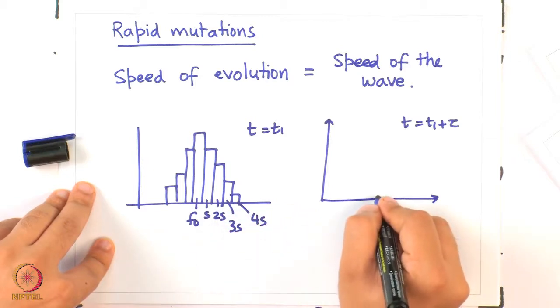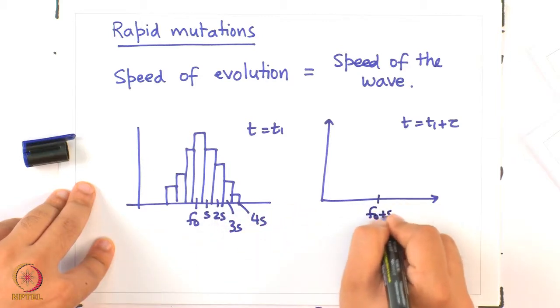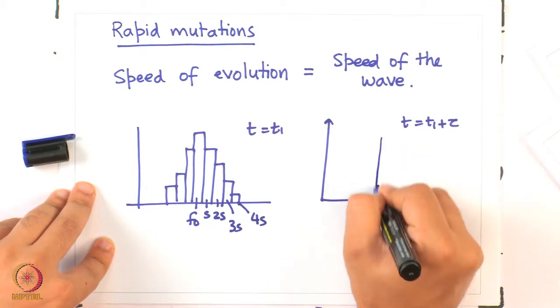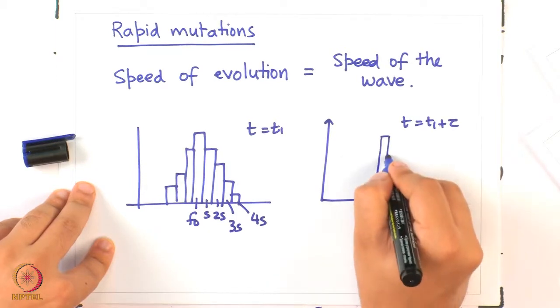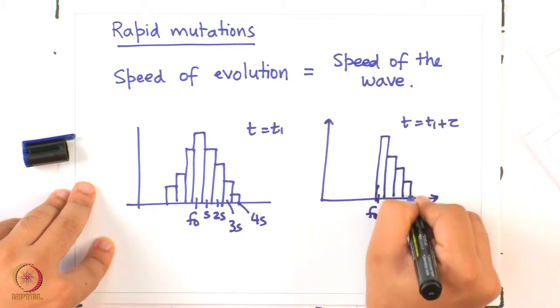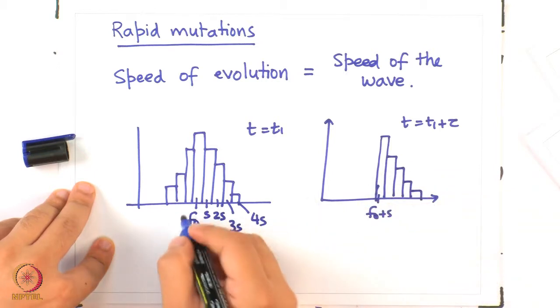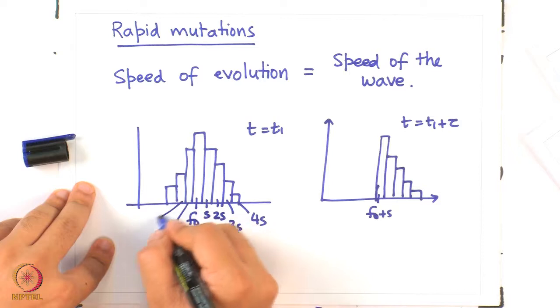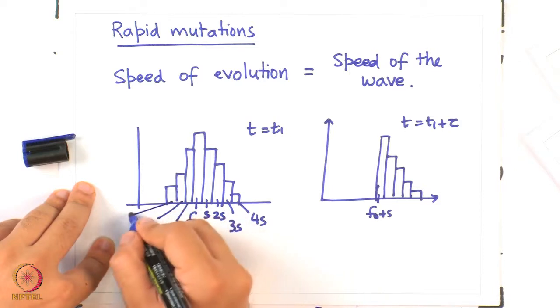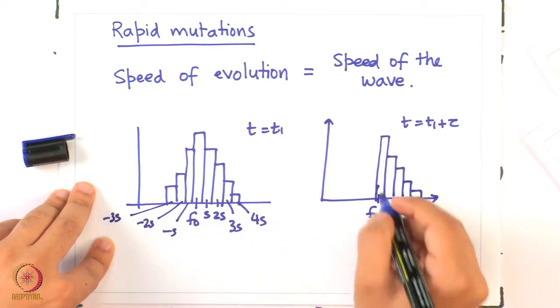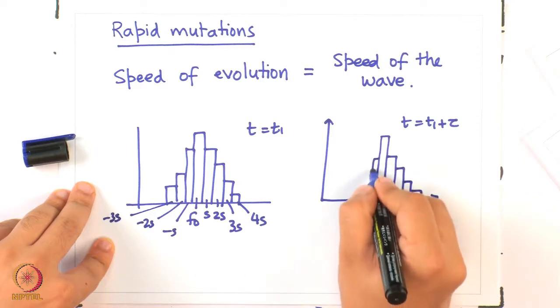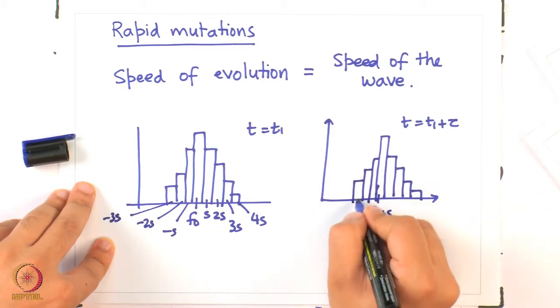Now f0 has shifted to f0 plus s, that's the maximally represented bar now, and then you have plus 2s, 3s, 4s and 5s, and subsequently this is minus s, this is minus 2s and this is minus 3s. Now you have f0, f0 minus s, f0 minus 2s.